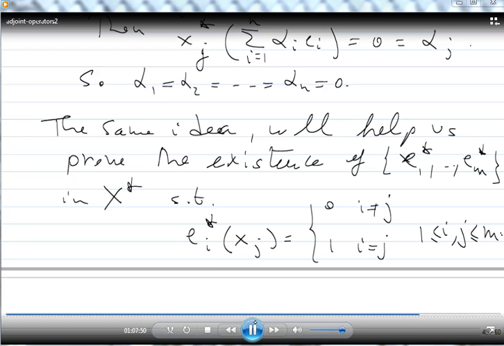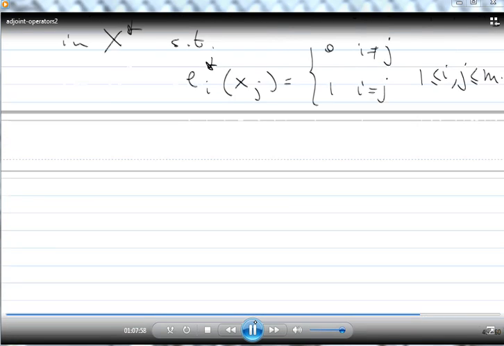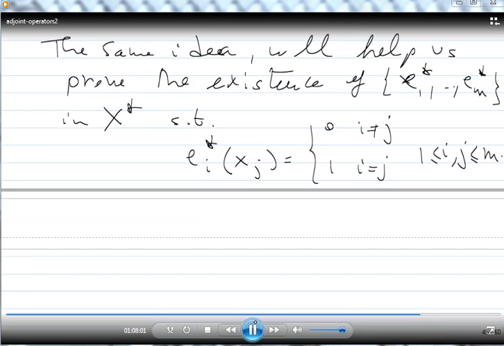Same thing. So next, introduce a new operator.